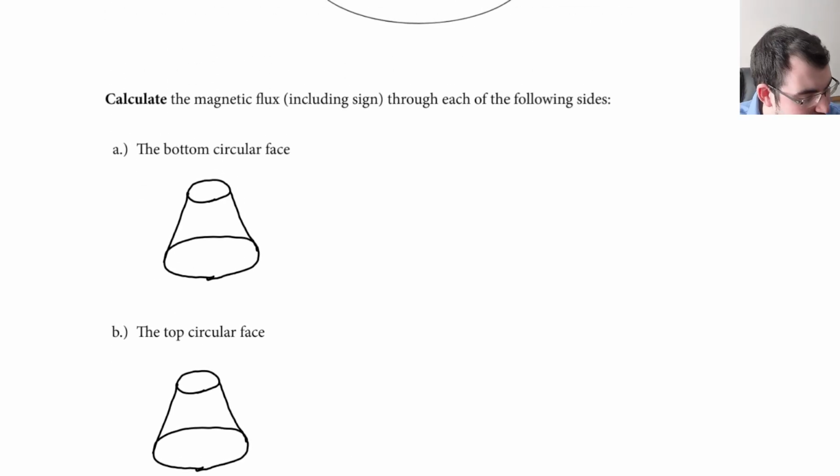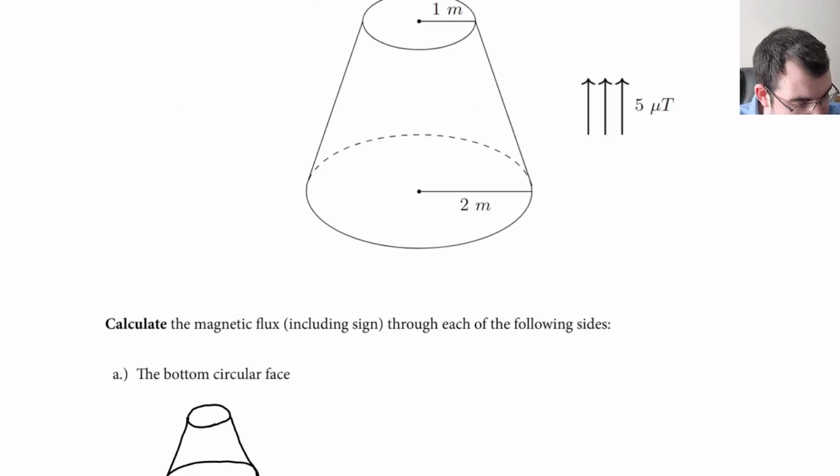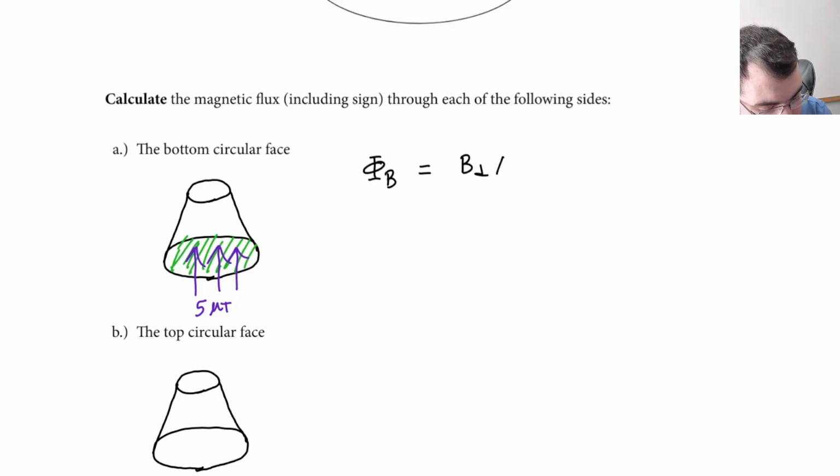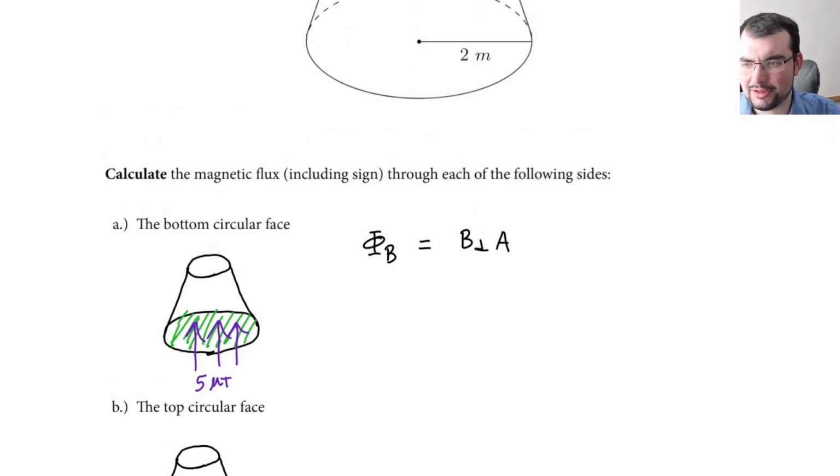Okay, bottom circular face. So that means we have this 5 microtesla field which pierces this area. So maybe I should actually color the area first. So we're looking at the field that's piercing this area. Well, flux, remember, is equal to B perpendicular times A. And all the field is perpendicular here.